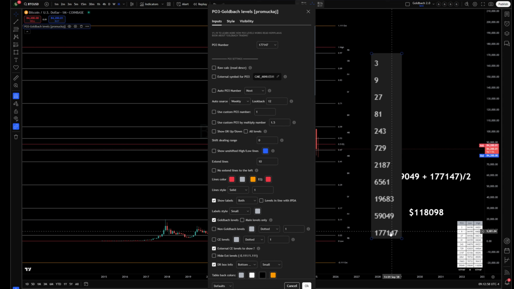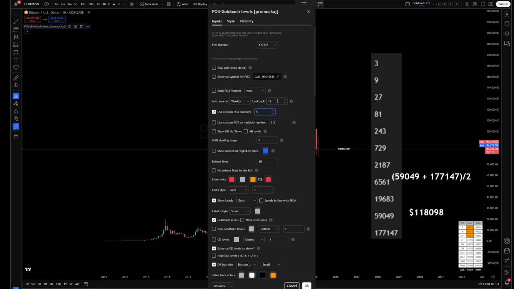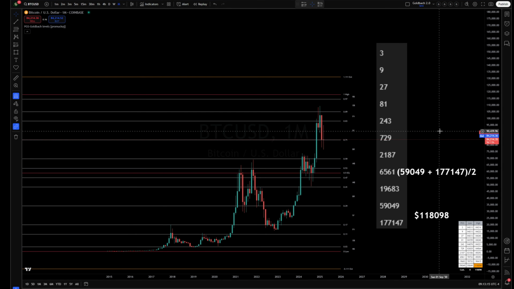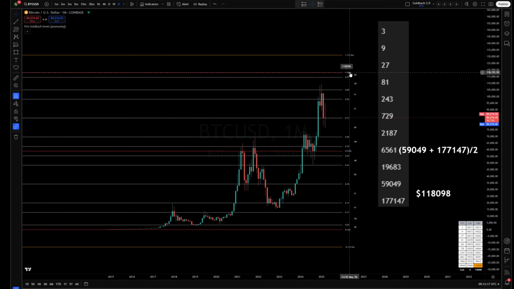That is the long-term target. We want the intermediate dealing range. For that, we use the custom power of 3 number, which is 118098. You'll notice the high is the intermediate dealing range that we are looking for.